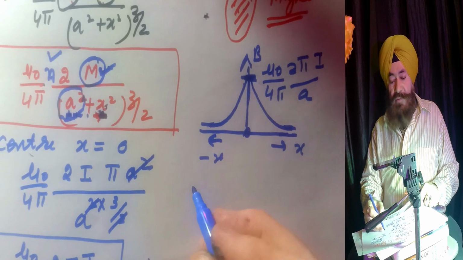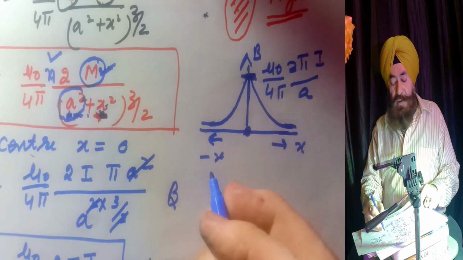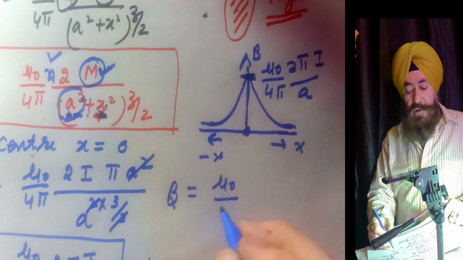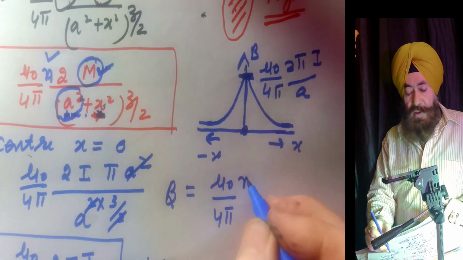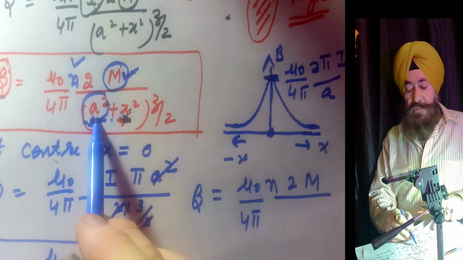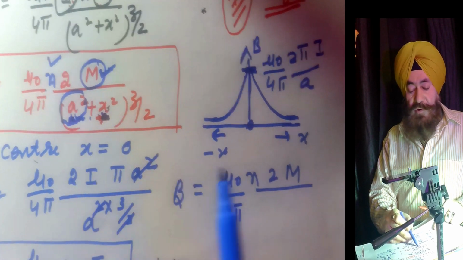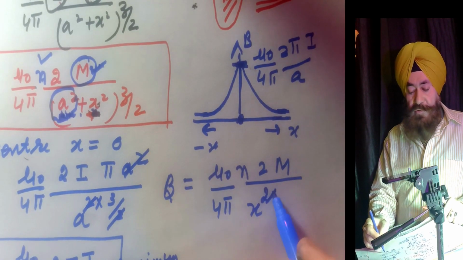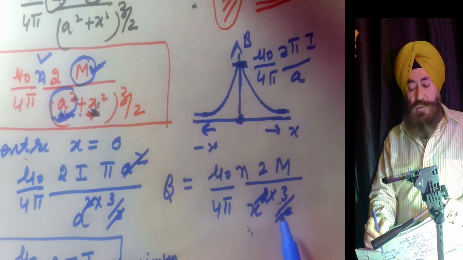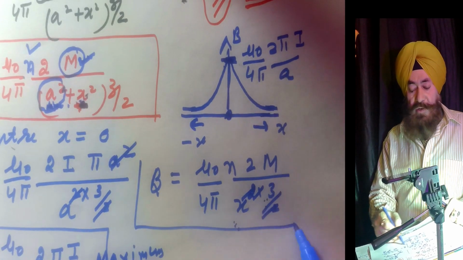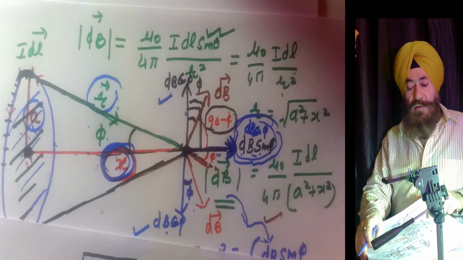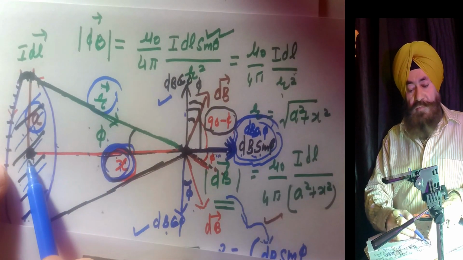Then the formula becomes, for points very far away from the center of the loop, mu naught over 4 pi, n times m upon x cube. So this is our last formula, if the observation point is far away from the center of the loop.